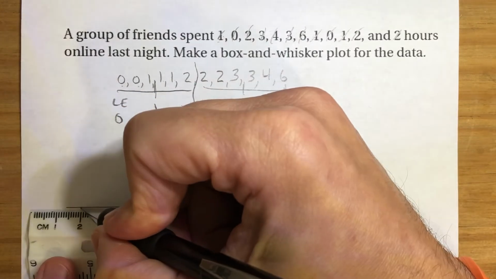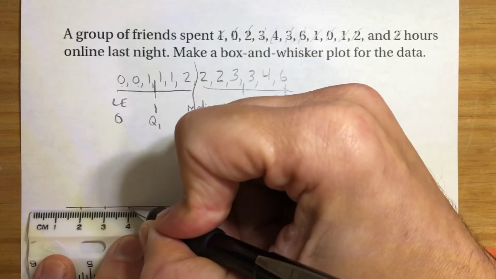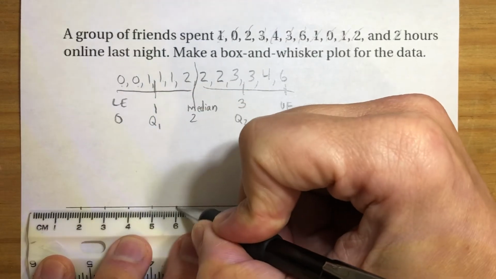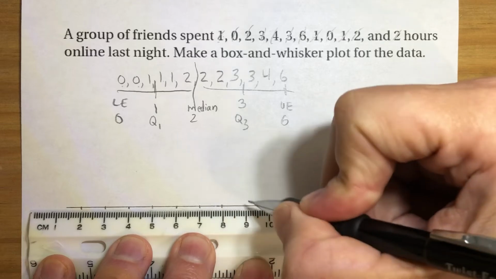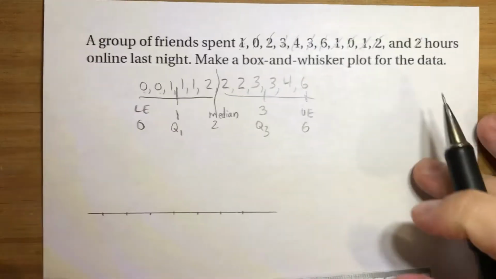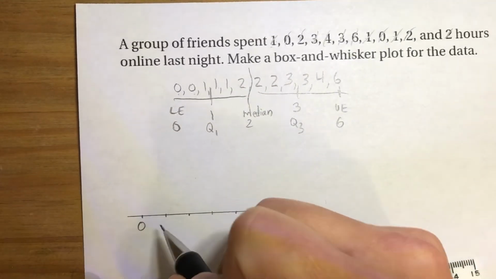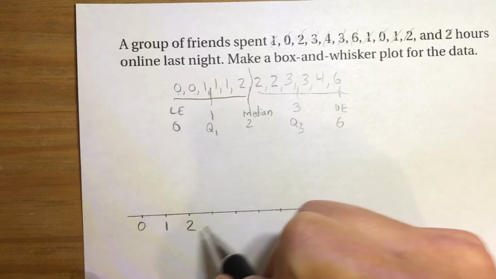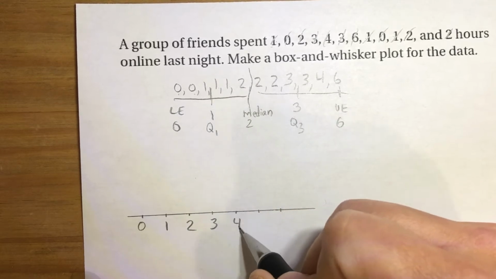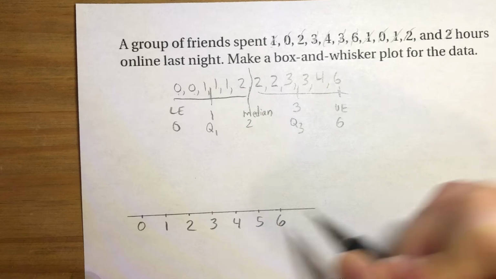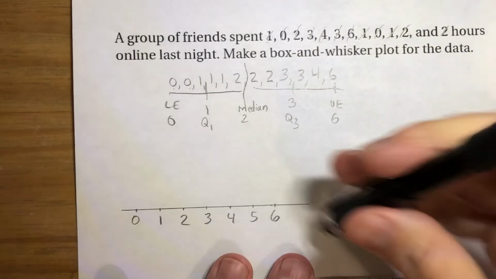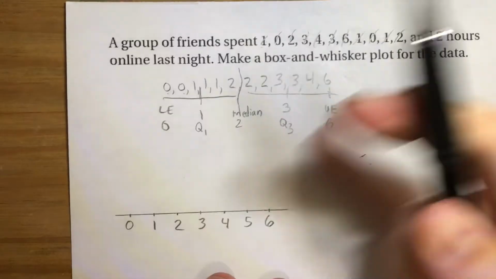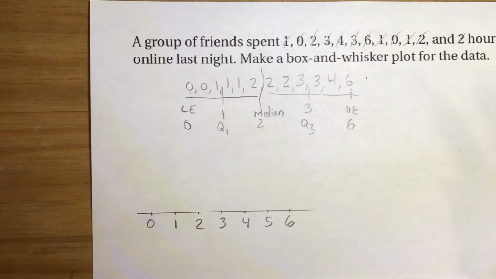So I'm going to go ahead and mark 1, 2, 3, 4, 5, 6, 7. And that should be enough information because I'm going to go ahead and mark 0, 1, 2, 3, 4, 5, 6. So you can see again I'm using a number line to set up my box and whisker graph to plot my information.